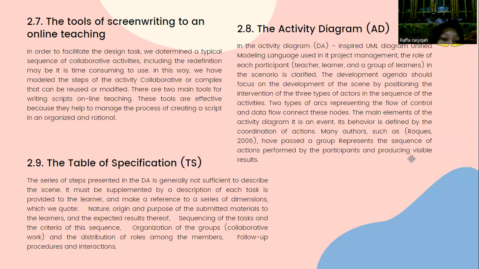It must be supplemented by a description of each task provided to the learner, making reference to a series of dimensions which record the nature, origin, and purpose of the material submitted to the learners and the expected result, the theory of sequencing of the text and the criteria of the sequence, the organization of the group like collaborative work and the distribution of roles among the members, follow-up procedures and interaction.